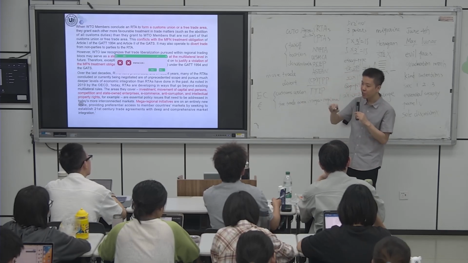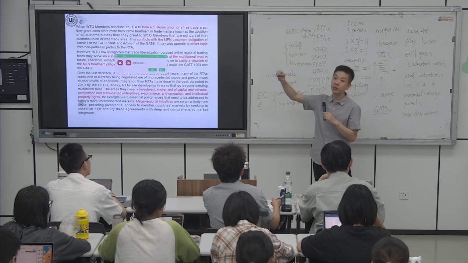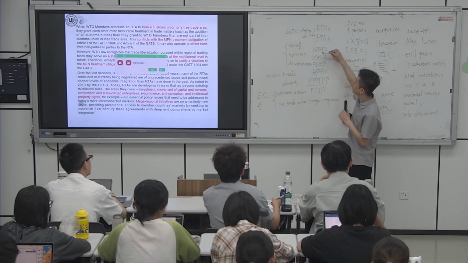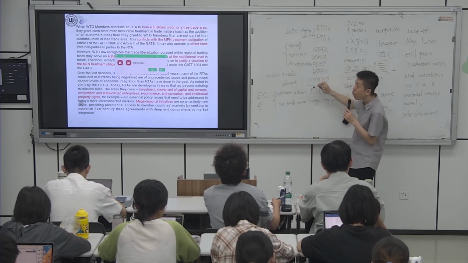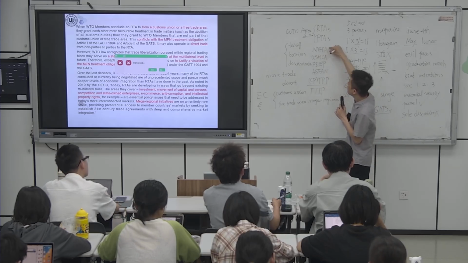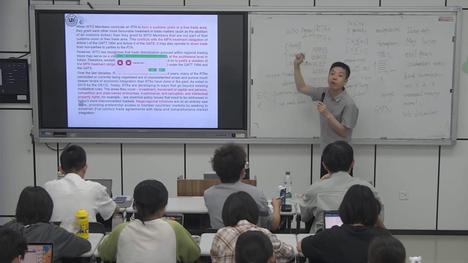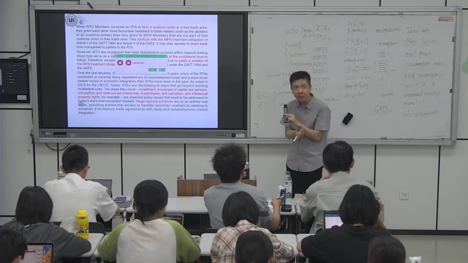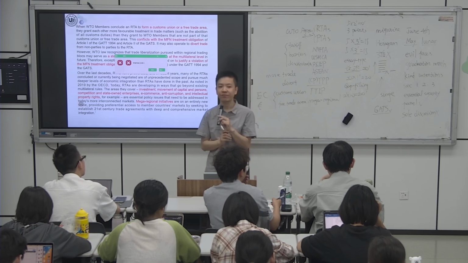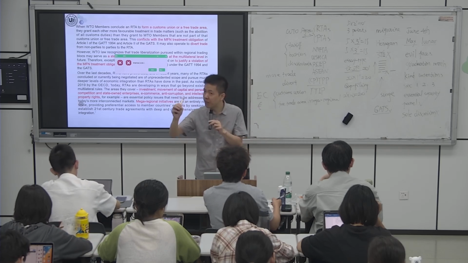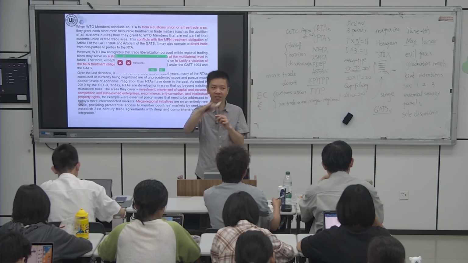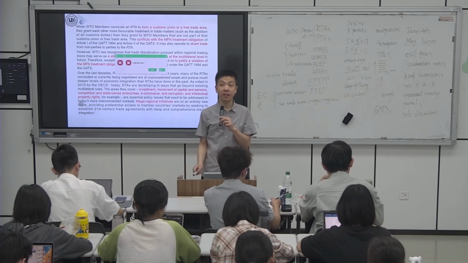There is a stepping stone to change or transform the provisions of an RTA into the provisions of a multilateral one. Is that possible? In theory, it's possible, but in reality, almost impossible, right?